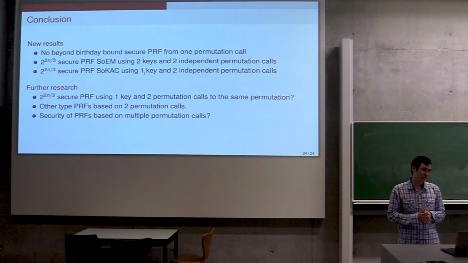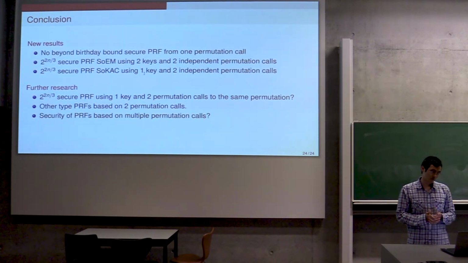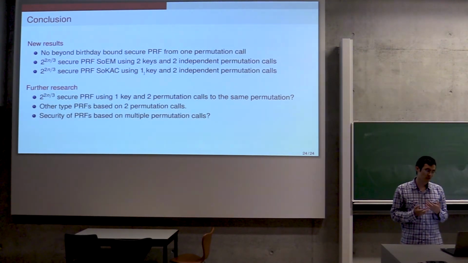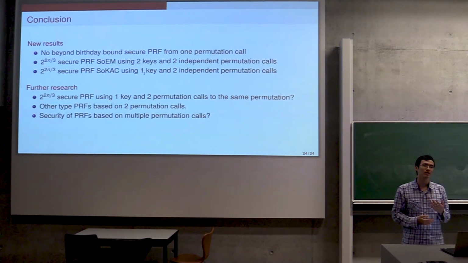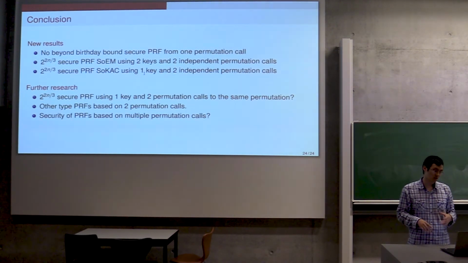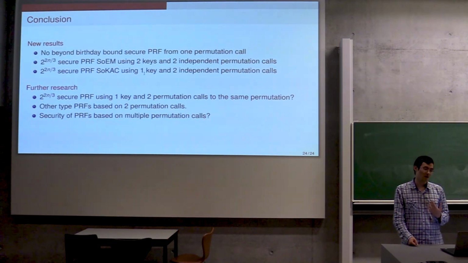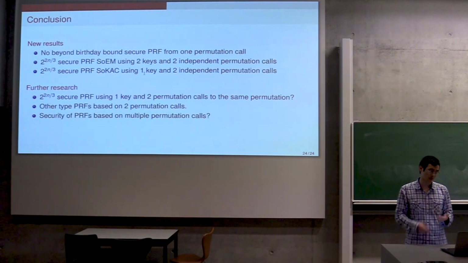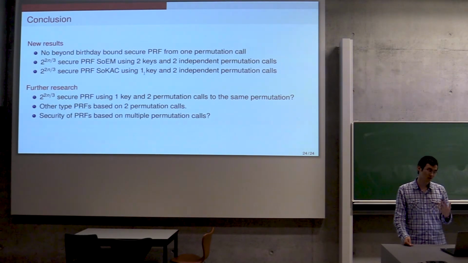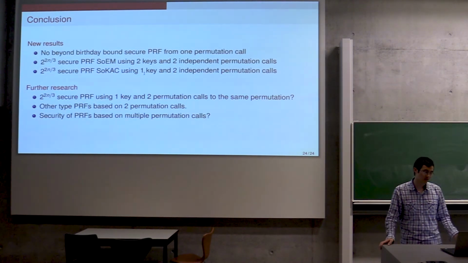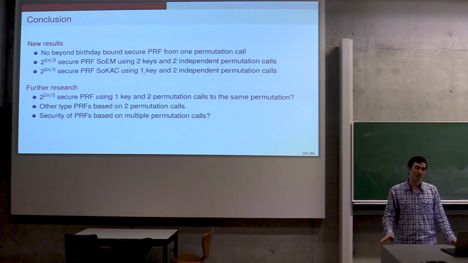For the future, we don't know if there can be constructions using two permutation calls where the same permutation is used and one single key. This can be interesting for the future, and we are not aware if any other PRFs can be designed using two permutation calls, and how the security of the resulting PRF will behave.